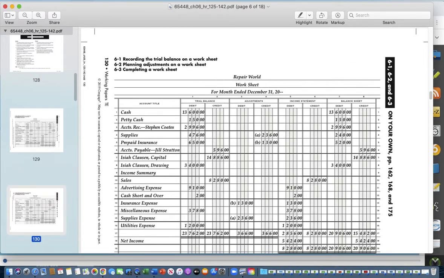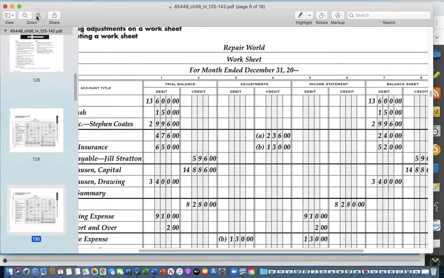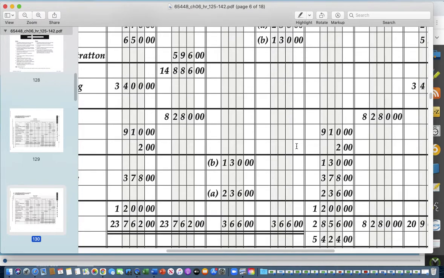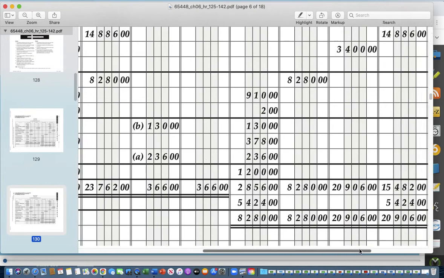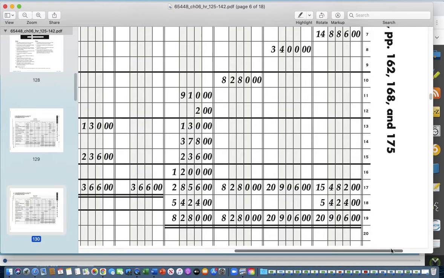I'll zoom in a little bit so people can see better. What you do is take the bigger number of the 2 in the column. You're working in separate columns, right? You take the bigger number of the 2 and you drop it down.